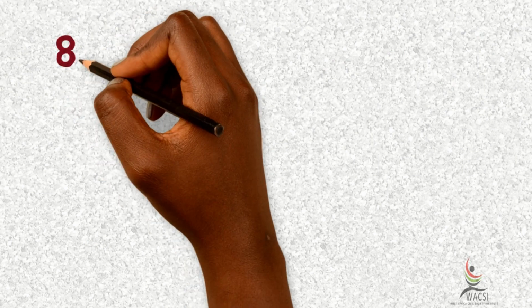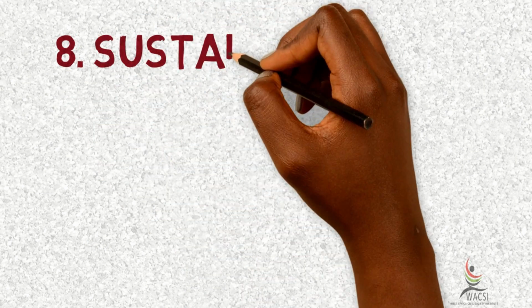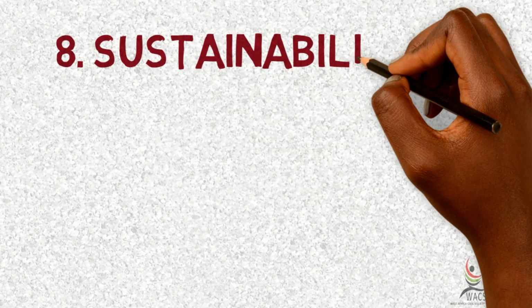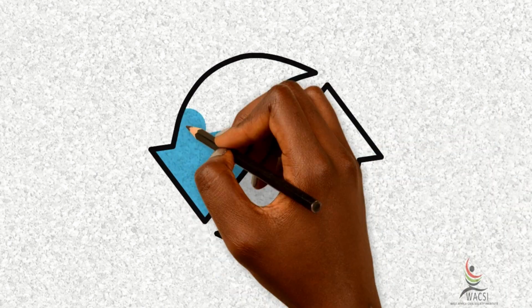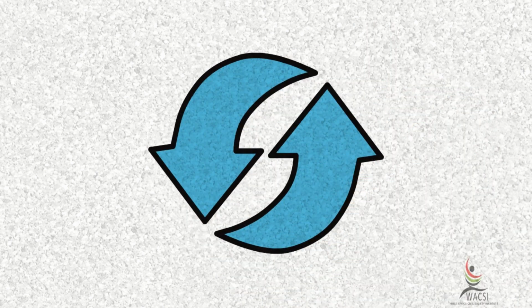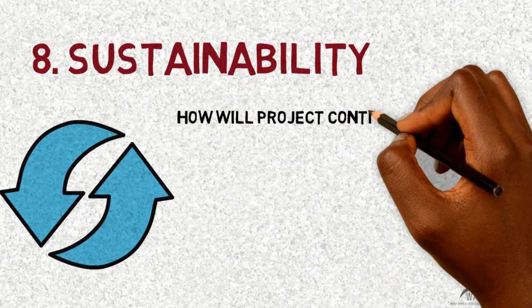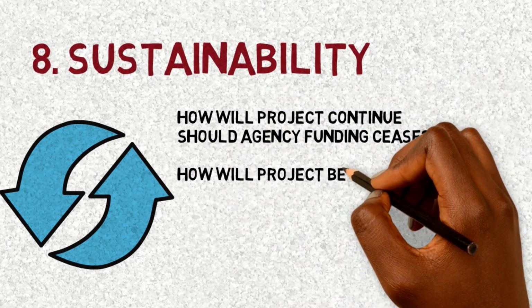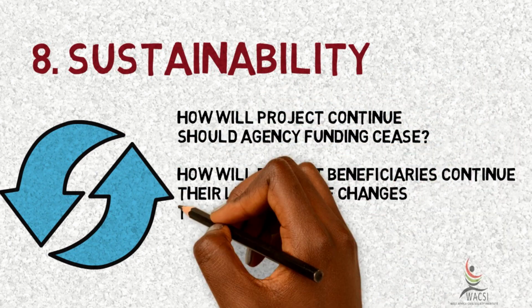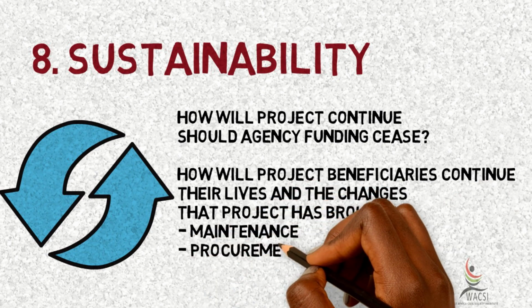Number 8, sustainability. Here we are looking at the various aspects of sustaining all the elements of the project. So you need to ask yourself some critical questions. How will the project continue should the agency funding cease?